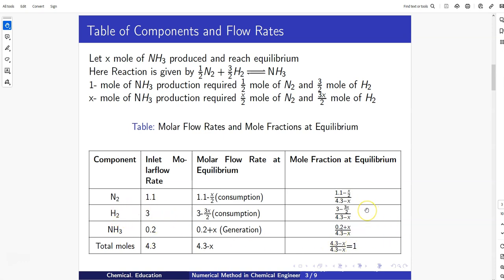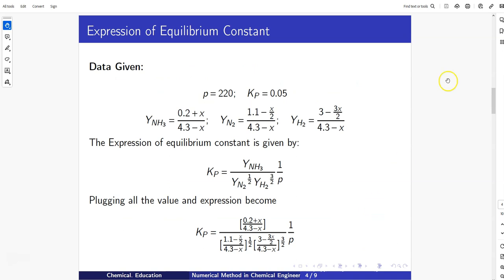Now the Kp expression is given. P is given, Kp is given. Now we put in the ammonia mole fraction and the nitrogen mole fraction, and we get that equation. After plugging in all these values, the expression for Kp will be this one.